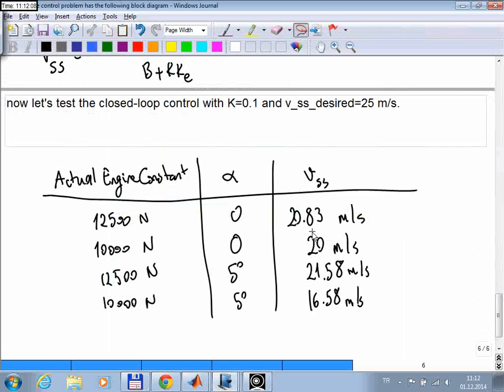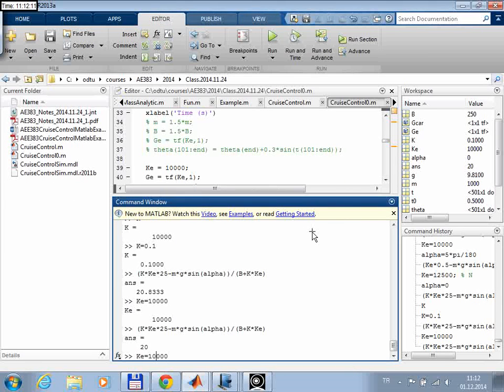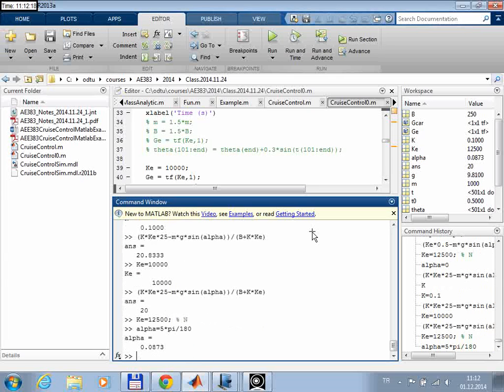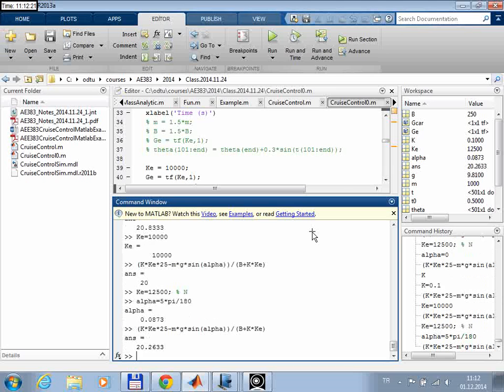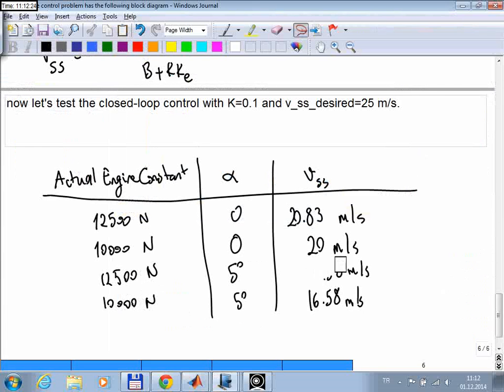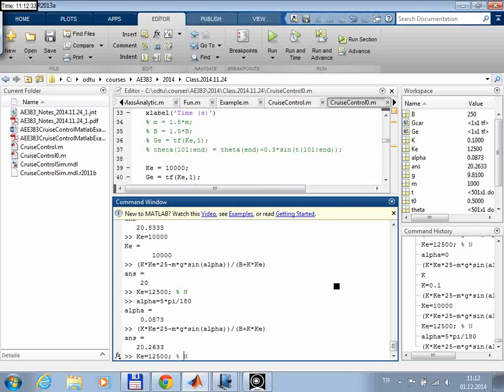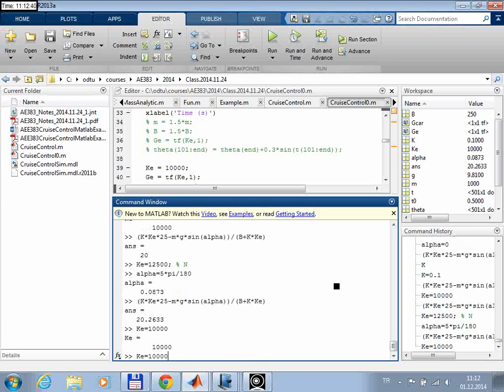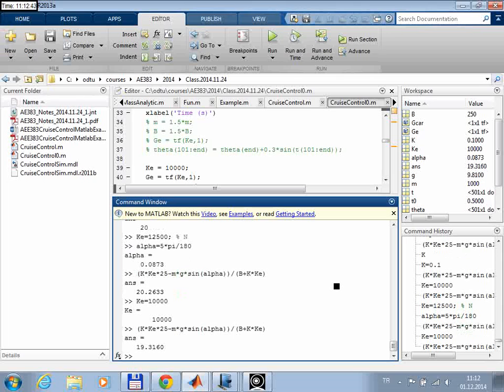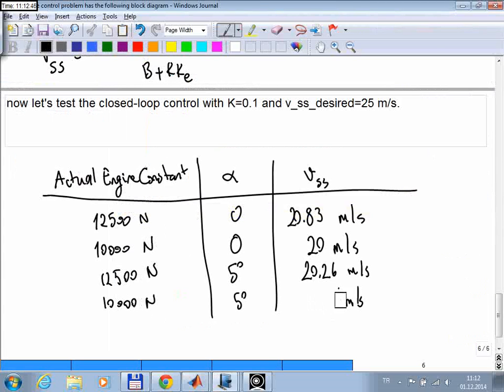Okay, it is there. 20.26. And as the last case, 19.32.